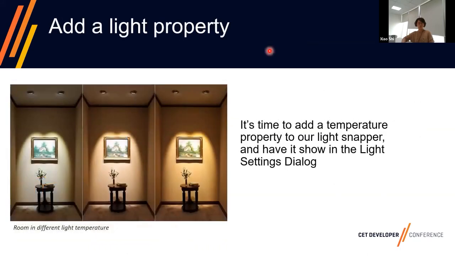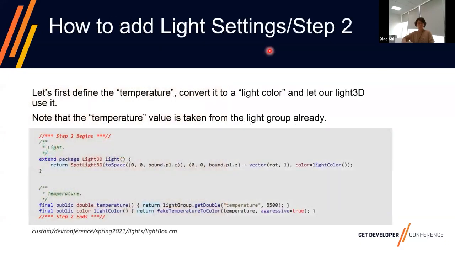Remember that we mentioned a little bit of temperature, and it's time that we add this into the light setting dialog. Okay, so first of all, you need to set up a temperature method. And notice that in this temperature method, you actually do not store the temperature value inside your snapper. You get the light group and ask for the temperature from it.